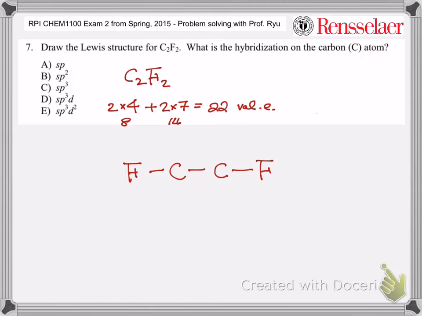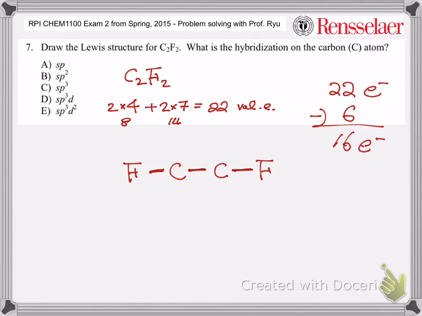To begin with, you have 22 valence electrons, and how many have you used to form these 3 bonds? 3 bonds means 6 electrons, right? So you use 6 of them, and now you end up having 16 electrons.